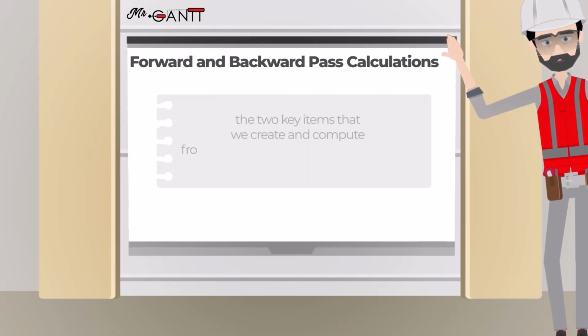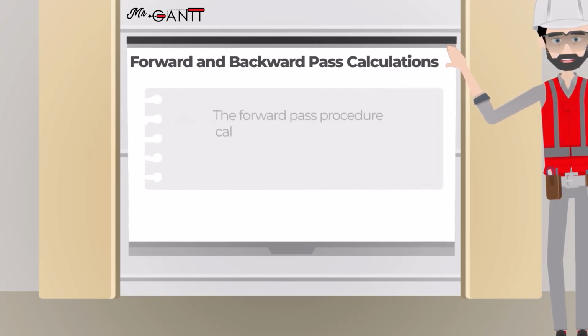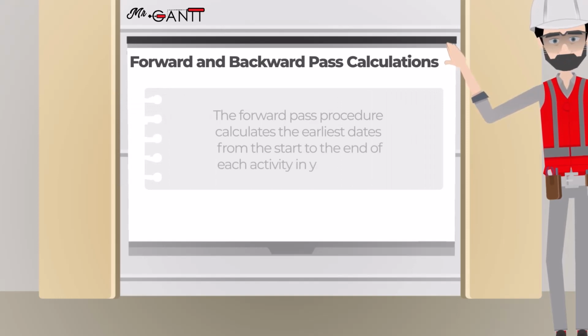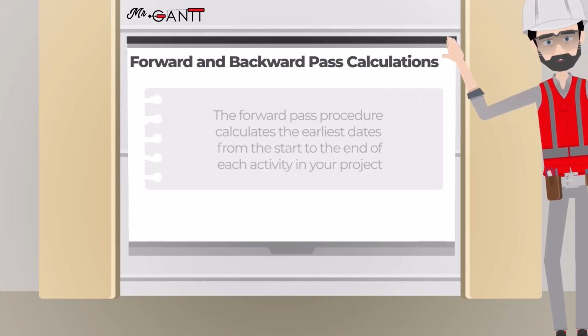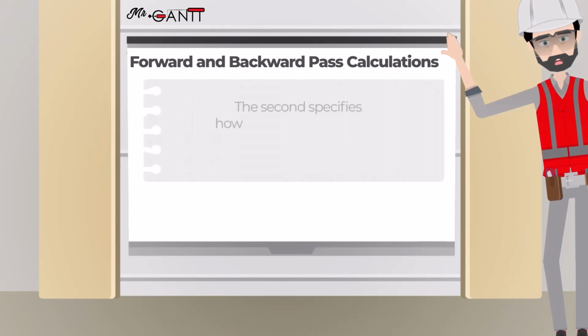The two key items that we create and compute from the CPM forward pass operation are: the forward pass procedure calculates the earliest dates from the start to the end of each activity in your project. The second specifies how long your construction project must last, or the minimum duration.